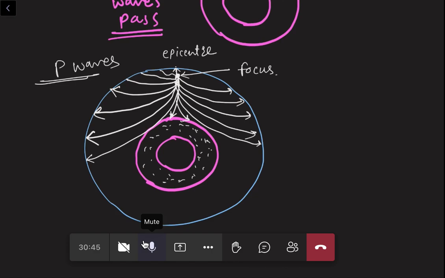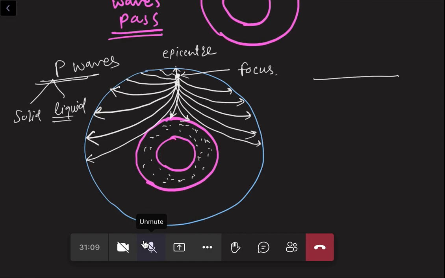They will pass. Why will they pass? Because they can pass through both solid as well as liquid. That is their property, right? But one thing will happen: whenever they pass from solid to liquid, their direction will change, they will refract. We have studied this, right?